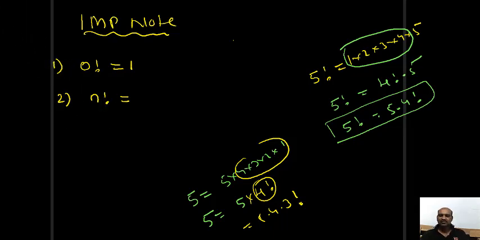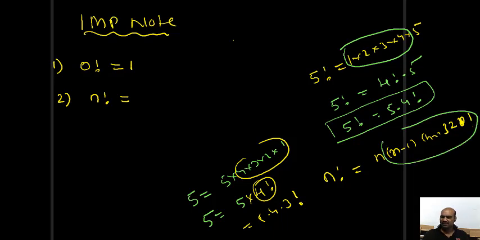That's why n factorial means n into n minus 1 into n minus 2, and so on, 3 into 2 into 1. The product of the first natural numbers, 1 into 2 into 3 and so on up to n, or you can write it in reverse. So, instead of this, I can write n minus 1 factorial.